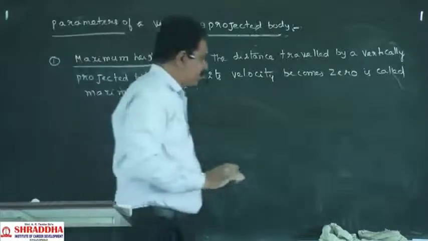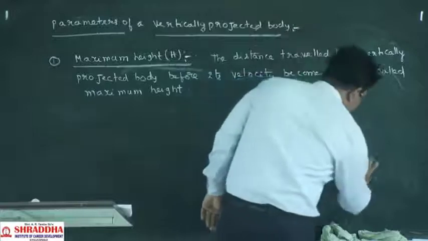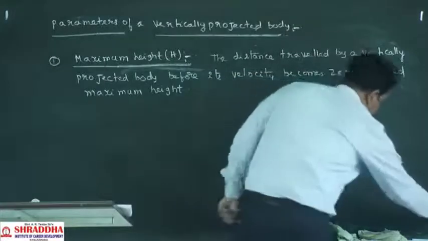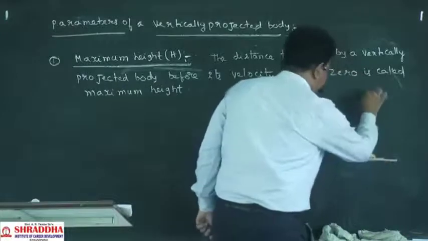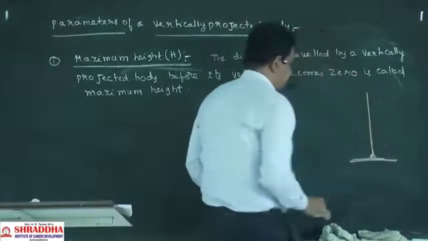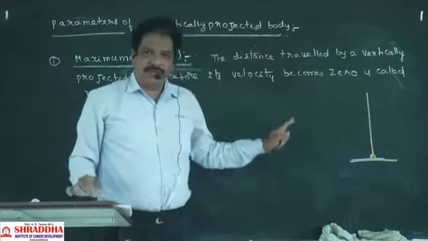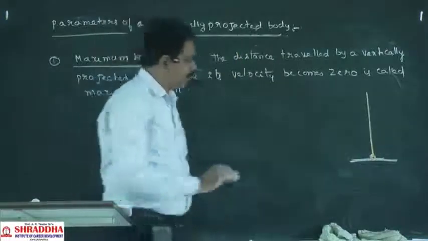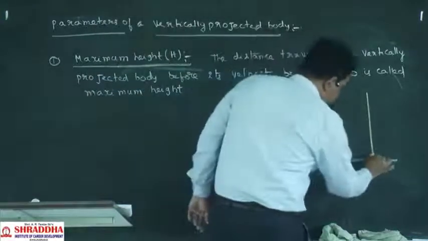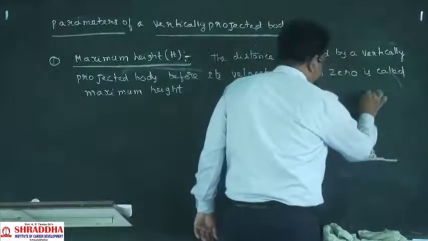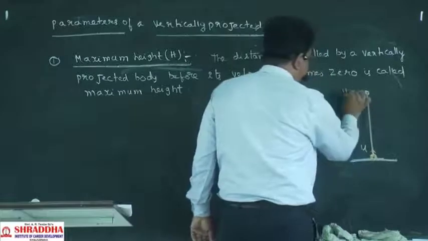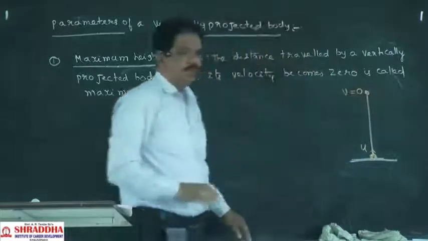So, this is the ground. From the ground, we projected a body up. When the body is going up, what will happen? Its velocity gradually decreases. Finally, here its velocity will become zero.